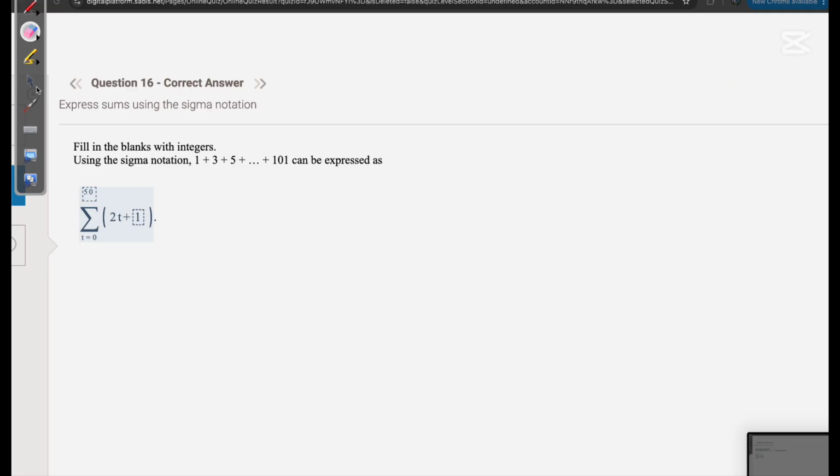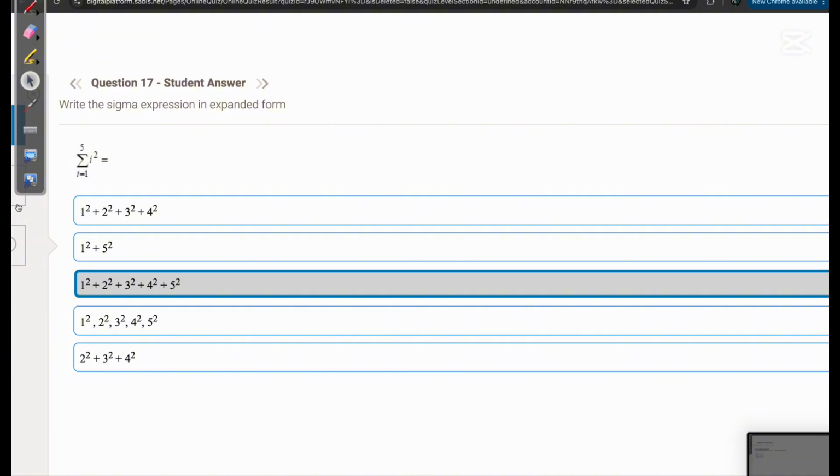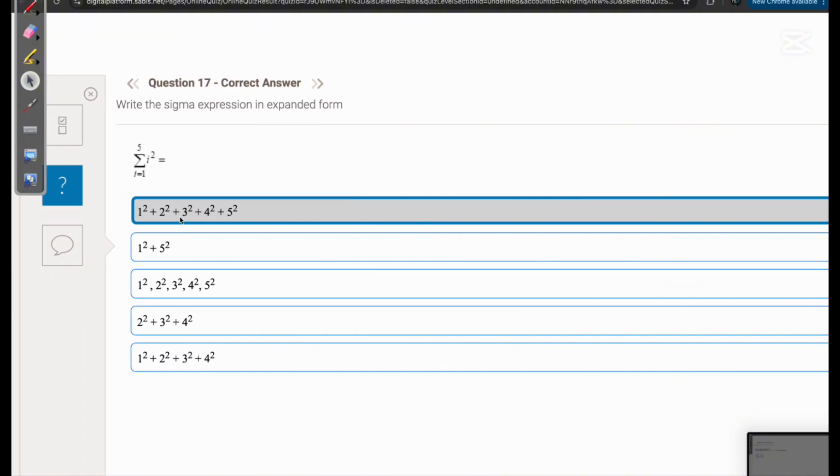But just to make it more complicated, they add sigma and these numbers. From 1 to 5, sigma 1 to 5, I squared will be equal to 1 squared plus 2 squared plus 3 squared plus 4 squared plus 5 squared. This is because I goes from 1 to 5, and then we'll keep squaring it until 5, which is when the pattern ends.